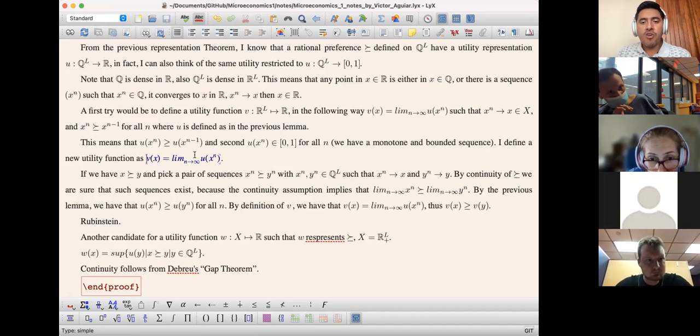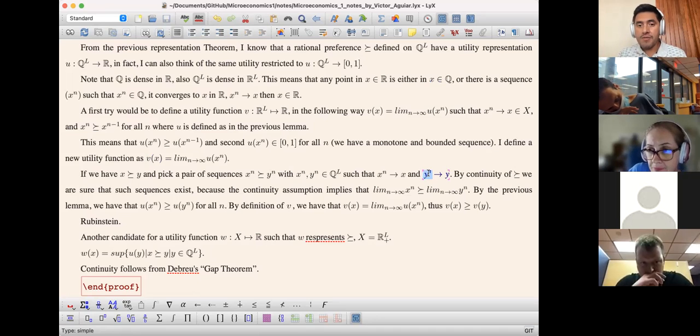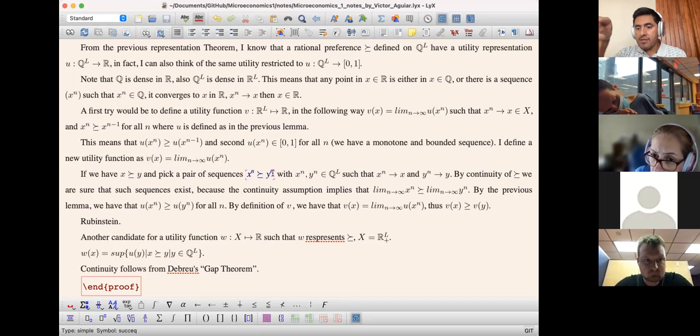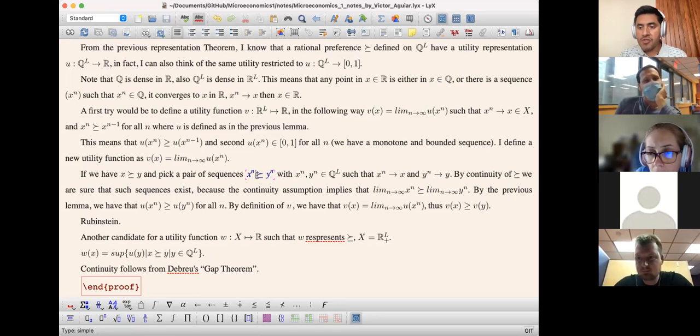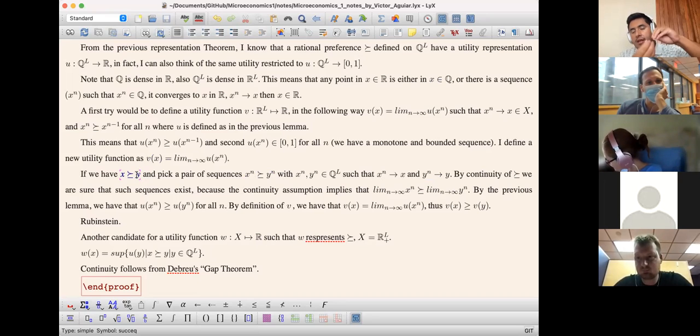Remember the definition of continuity: if I take any sequences of alternatives x_n and y_n such that x_n is better than y_n, and I take limits, where one goes to x and the other goes to y, then in the limit the preference relation will preserve the ranking of the limit items, so that x is better than y. So continuity will guarantee that this construction makes sense, and in the limit nothing fancy or weird happens, such that you can extend this naturally.